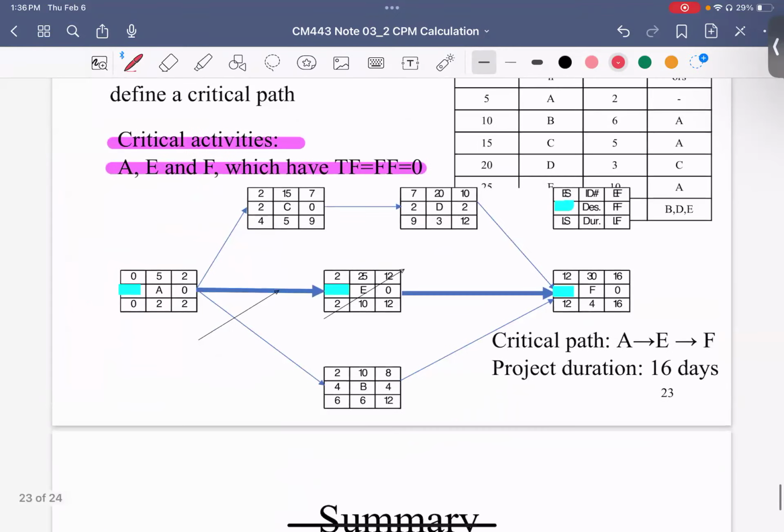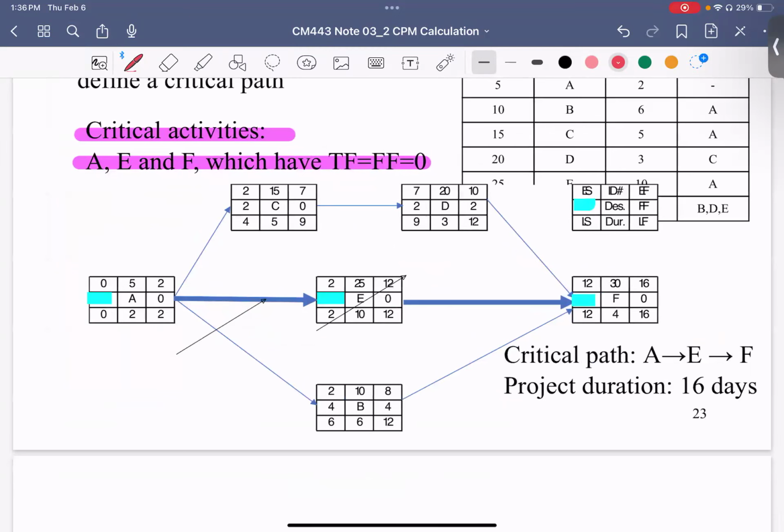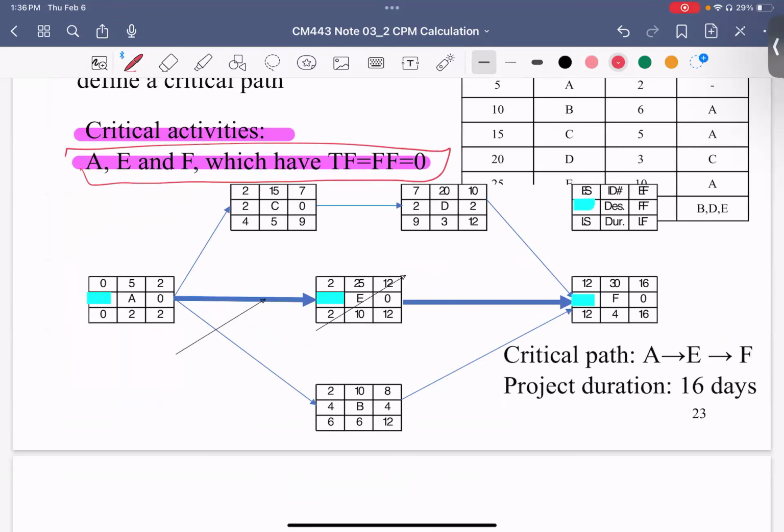Once we have defined the critical activities, sorry, this has 3 critical activities, we link them. There are 2 ways to link them. If you have a highlight pen, highlight it. If you don't have a highlight pen, use the double line.